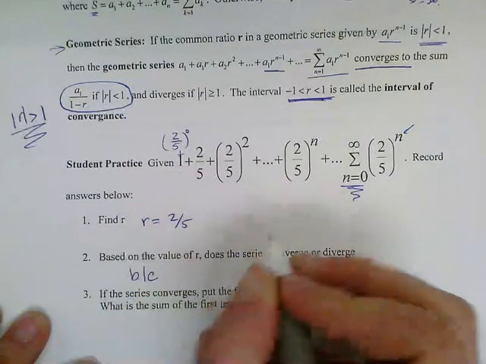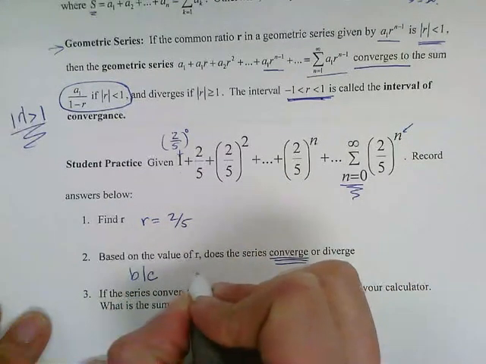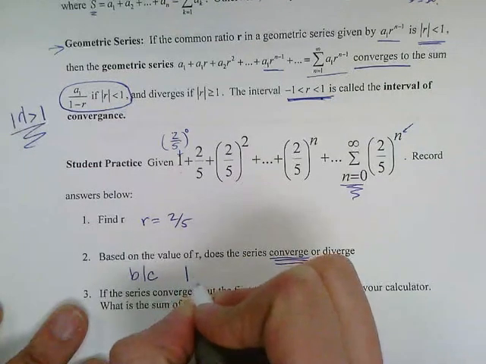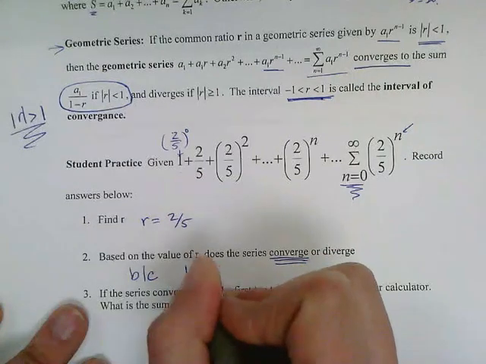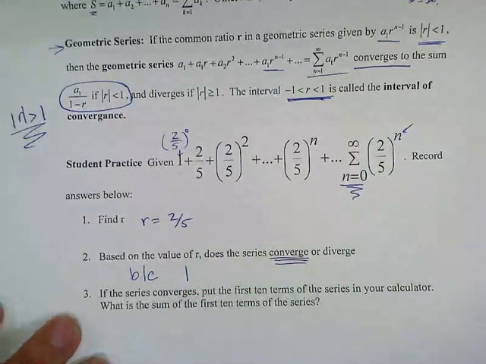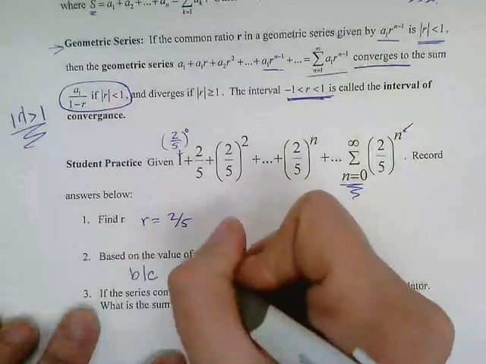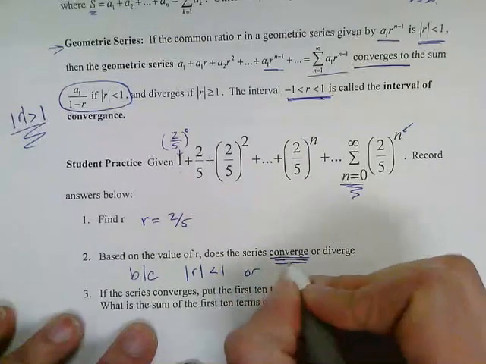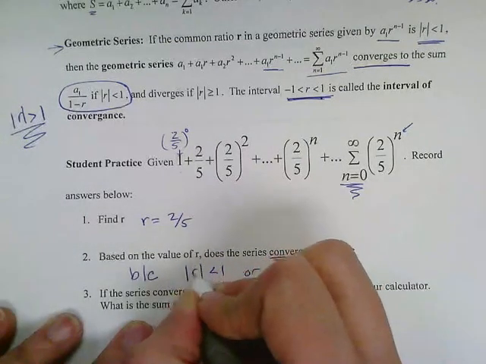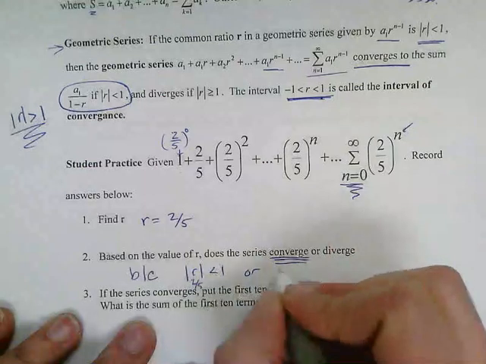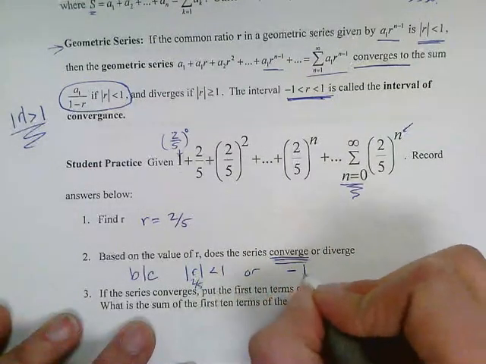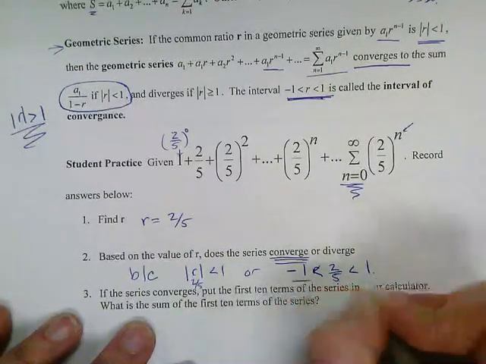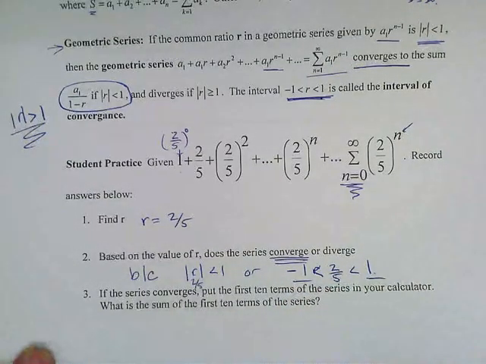Because the absolute value of r is less than 1. Our r is 2/5, and that's less than 1. Or we can say that our r, which is 2/5, is between -1 and 1. That is the interval of convergence for our geometric series.